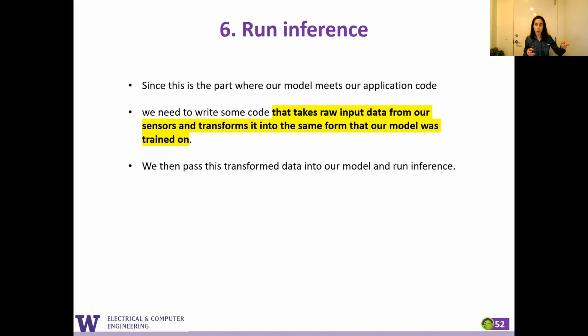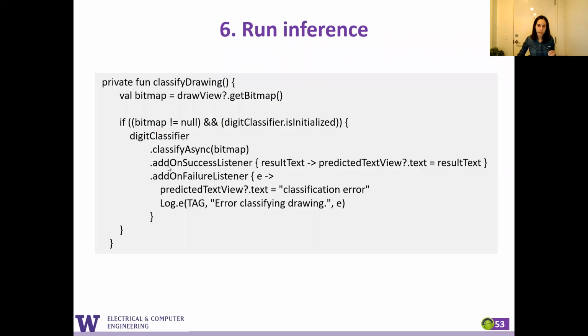So if you want to use that model in your Android app, you have to convert that bitmap into an array of 128 by, I think, 78 total float values, and feed the model. You have to generate the data in the same way that you trained the model. Otherwise, the model will not perform well, and it will even give errors because it's not the data it is expecting.